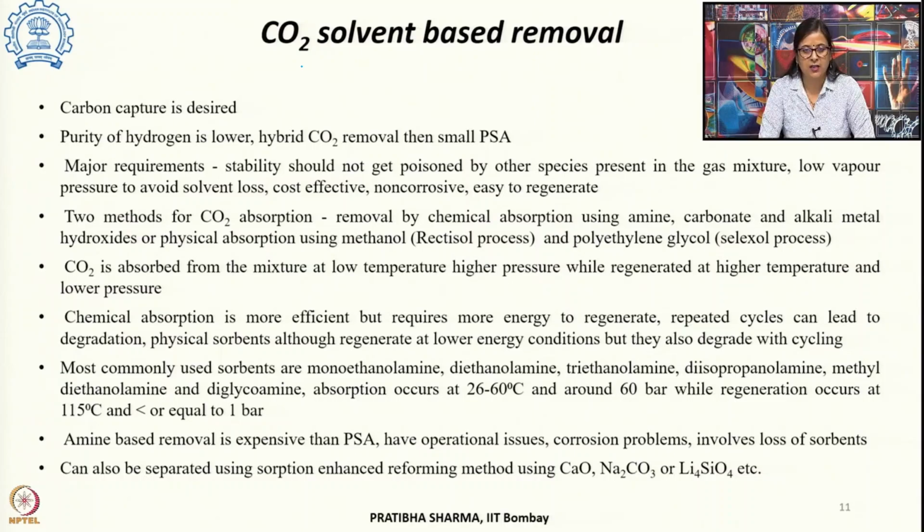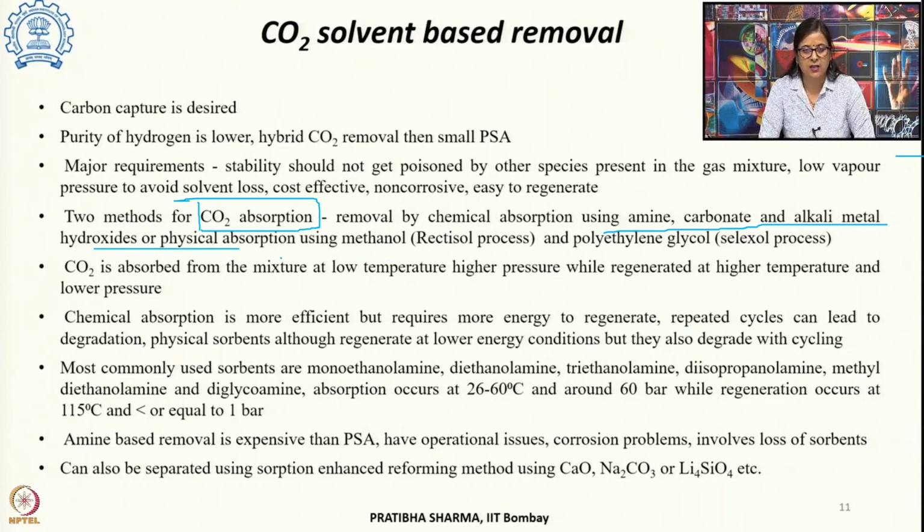Next is the carbon dioxide solvent based removal process. This is important. Here it is an absorption process; carbon dioxide will be absorbed by different chemicals, by using amine, carbonate, alkali metal hydroxide.